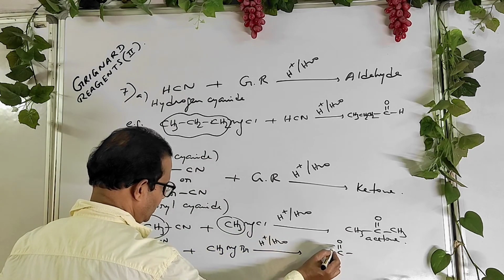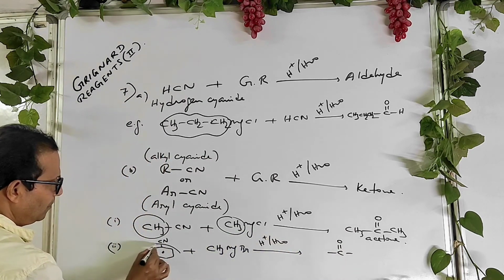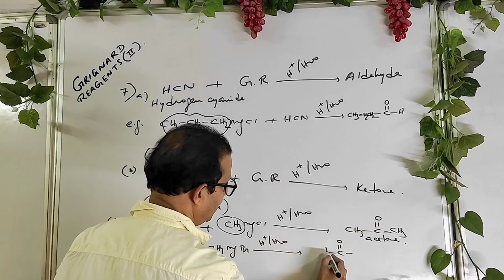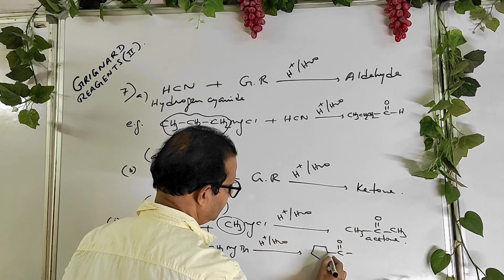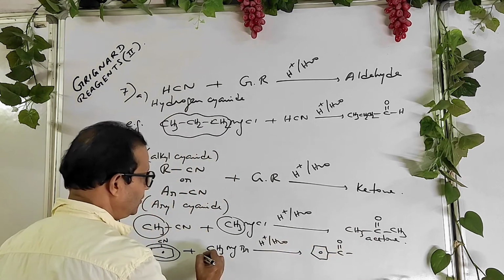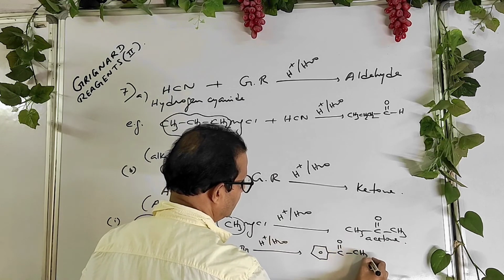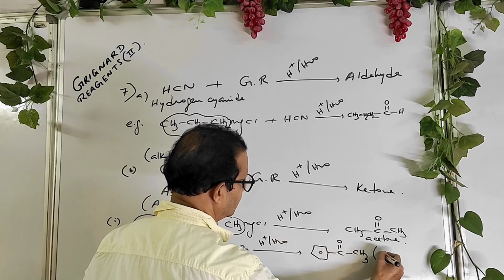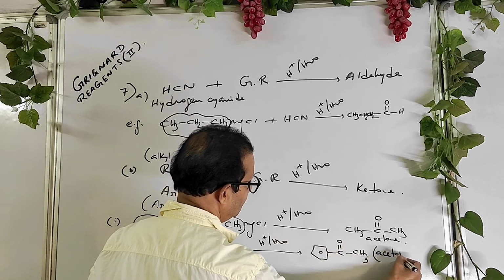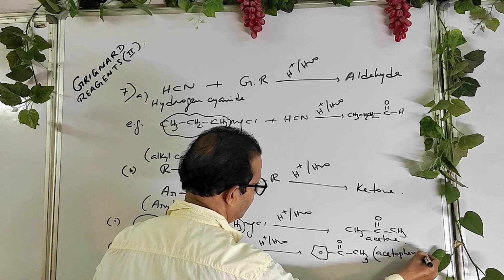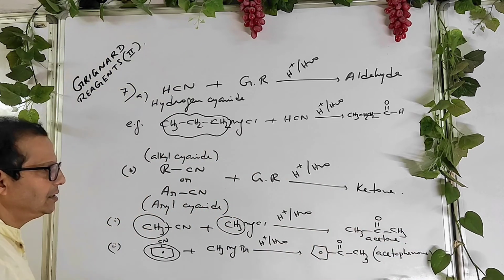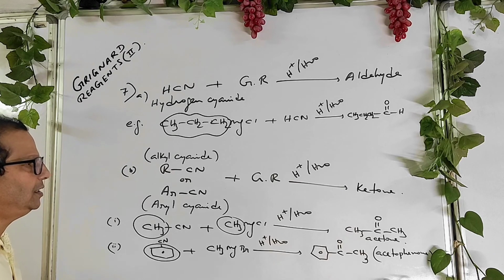Carbon possesses tetravalency. Put one benzene ring here and put another CH3 here, and you know that this is called acetophenone. So I think you understand all of this about Grignard reagent.